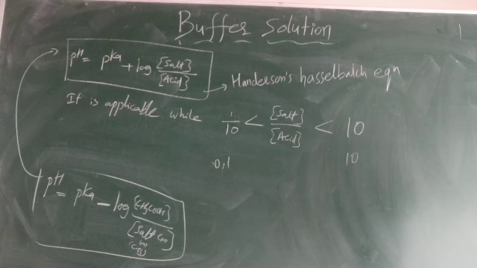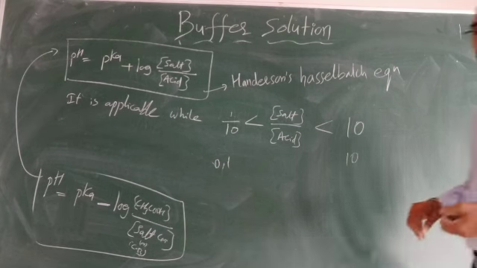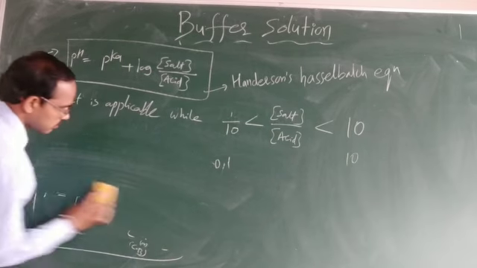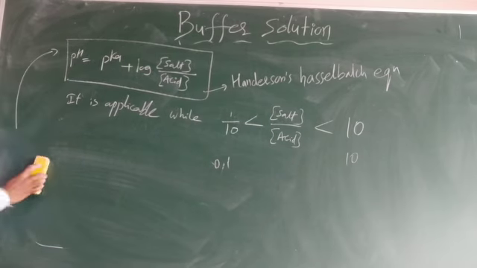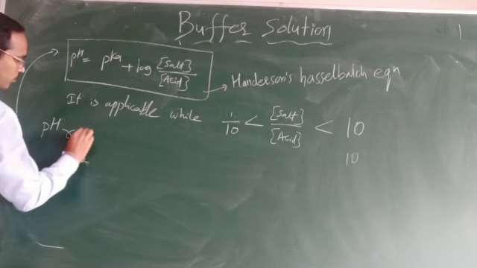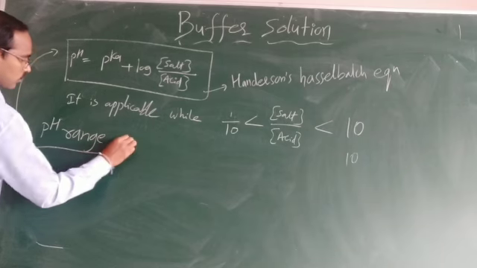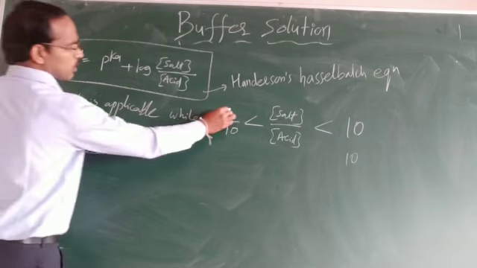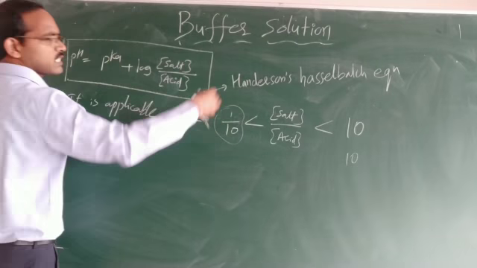Then the next topic is the pH range. What will the range be? The pH range for these buffer solutions. The least ratio is 1/10 and the maximum is 10.